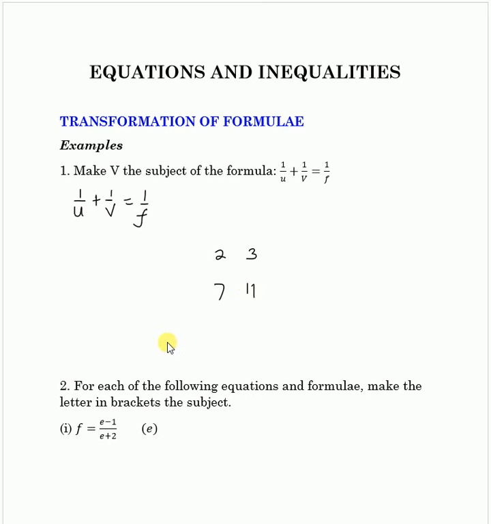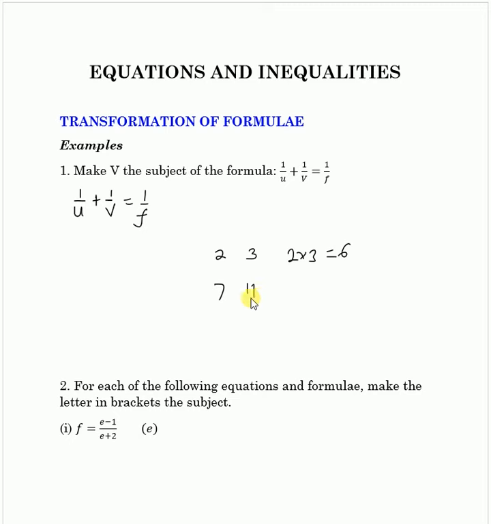What is special about 2 and 3 is that they are prime numbers, but that is not the reason we are going to do what we are going to do. The reason is that they don't have a common factor. There is no common factor other than 1 between 2 and 3. So we can get the LCM of 2 and 3 by having 2 times 3, which is equal to 6.